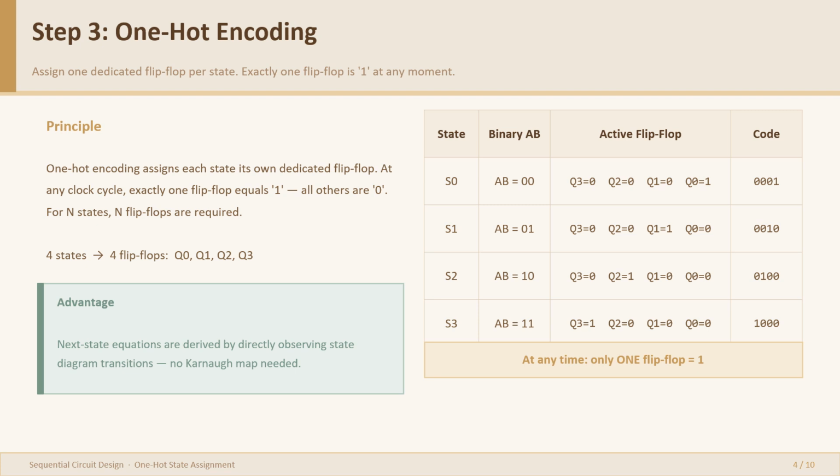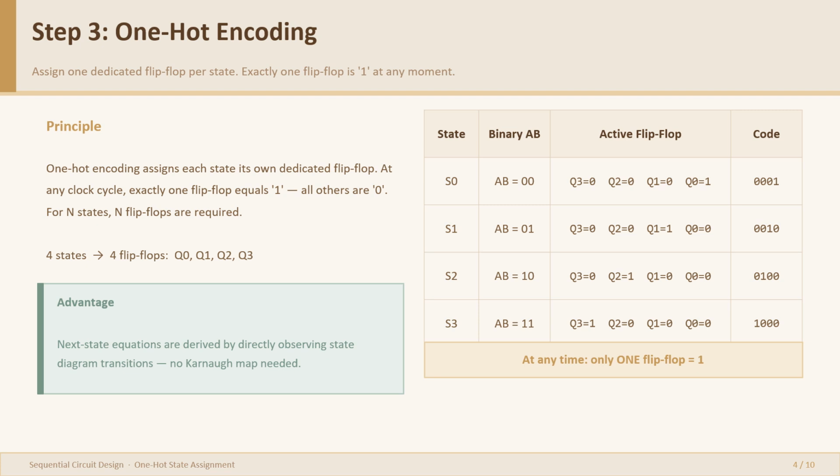State S1 corresponds to Q1 equals 1. Code 0010. State S2 corresponds to Q2 equals 1. Code 0100. State S3 corresponds to Q3 equals 1.